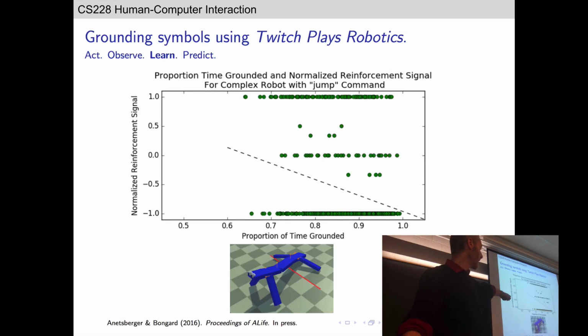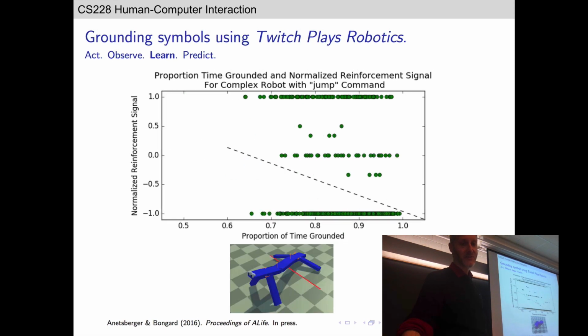Here's the legged robot under the exact same command, JUMP. These are all the actions that the legged robot performed when the crowd issued JUMP. What does JUMP mean to this robot? Approximately the same thing.